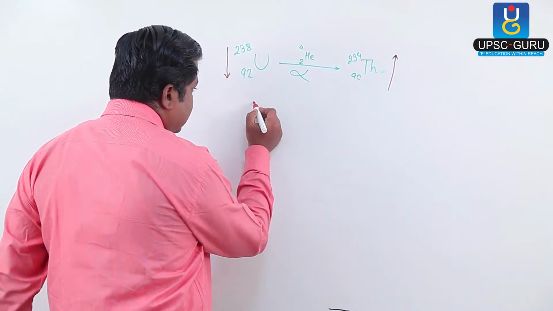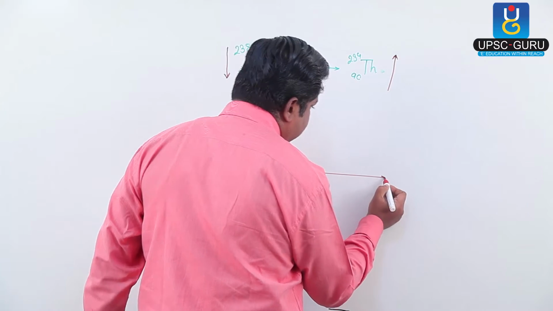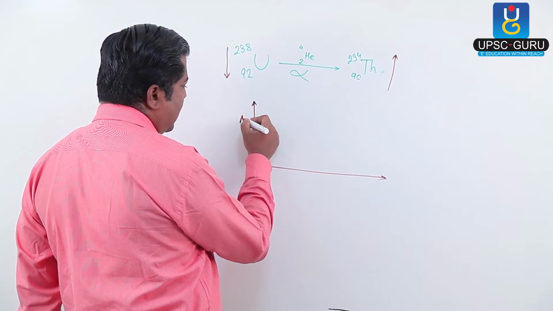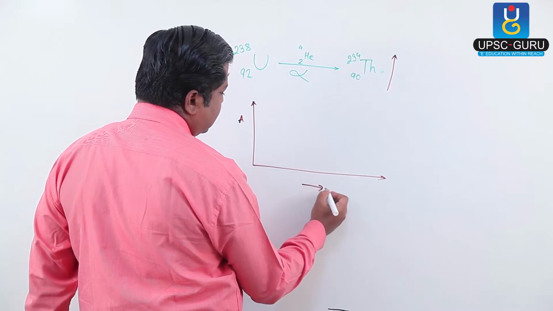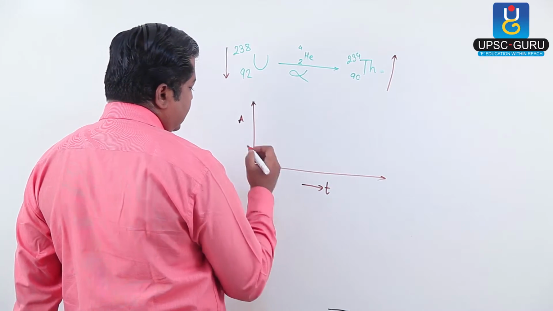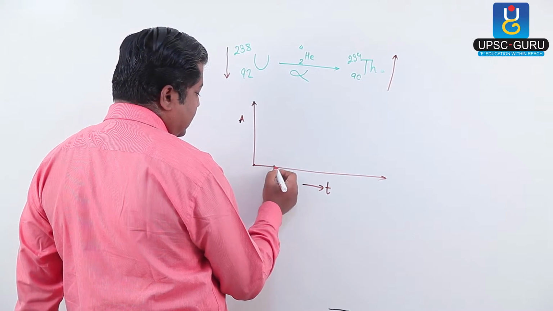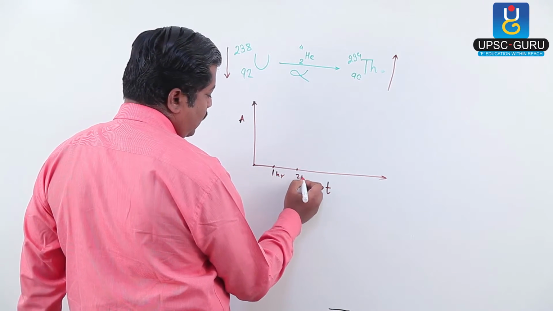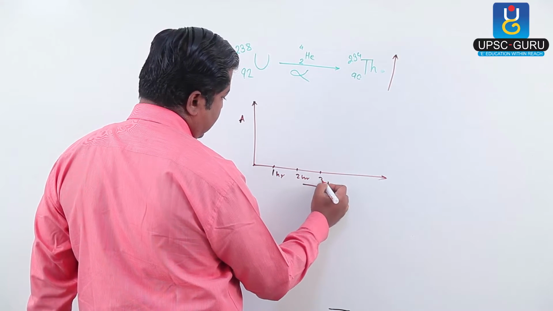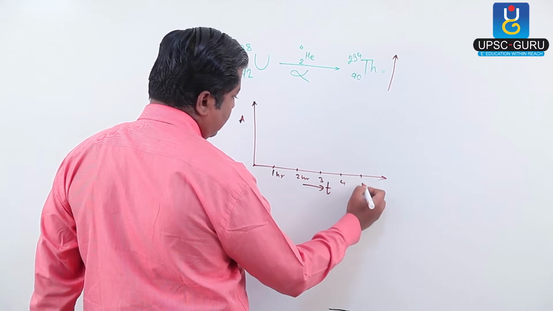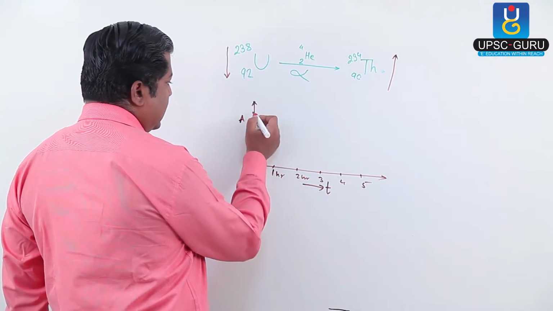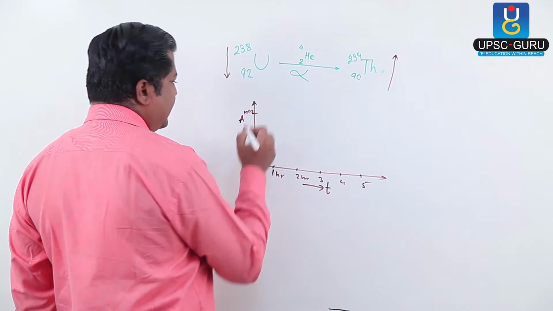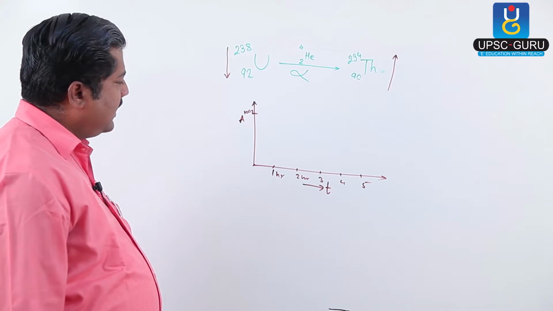Again after 1 hour, say I am constructing this graph again now. So here on the y-axis we are taking the amount of substance and on the x-axis we are taking time, 1 hour, 2 hours, 3, 4 and so on. Here there are suppose 100 gram. I am saying not atoms but 100 gram.